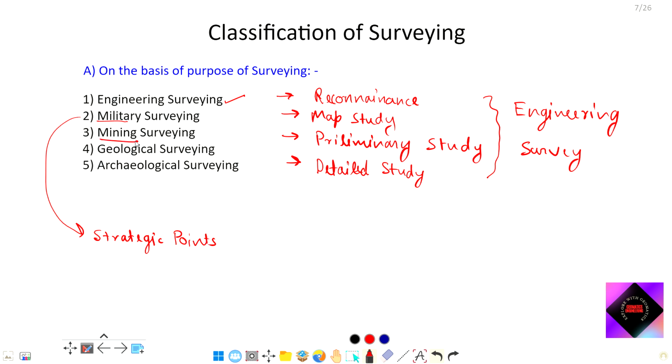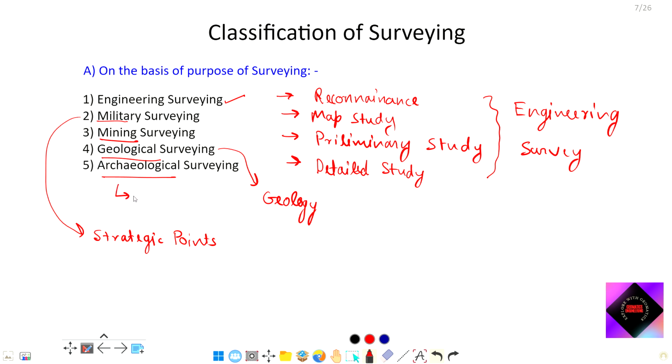Mining survey, as per name, is related to mining activities. Geological survey is for geological objects, for the geology of the earth, all those things. And then archaeological surveying, the Archaeology of India deals with this.